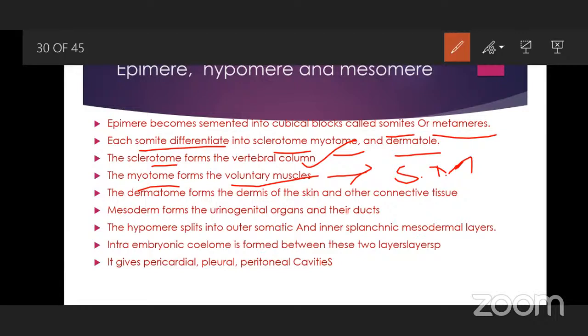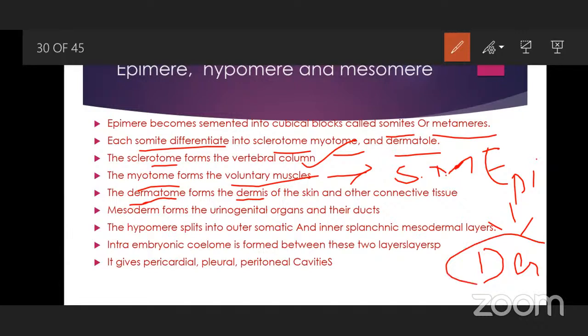The third one is dermatome. The name itself says derma. Derma is related to skin or dermis. So the dermatome forms the dermis of the skin. We know that the skin is made up of many layers. The upper layer is the epidermis, and below the epidermis there is a layer known as dermis. The epidermis is derived from the ectoderm, whereas dermis is derived from the mesoderm.